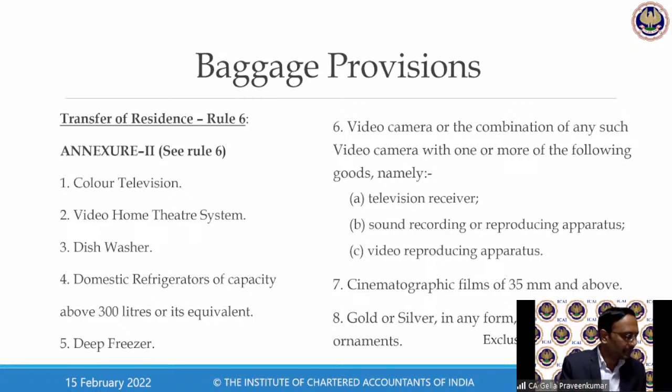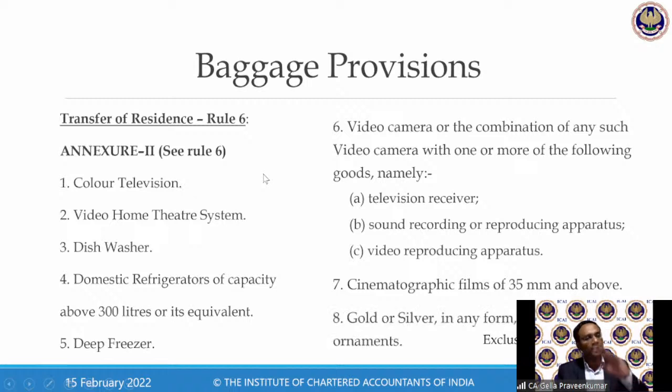Come to page number 5.49. So in page number 5.49, again there is a restriction. Annexure 1, Annexure 2, there is a value, but Annexure 3 is up to an aggregate of some rupees 60,000. There are few items which are permitted as a part of your shifting residence from foreign to India.